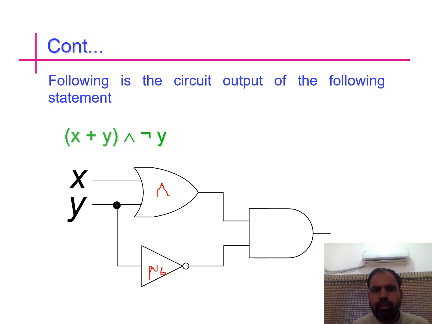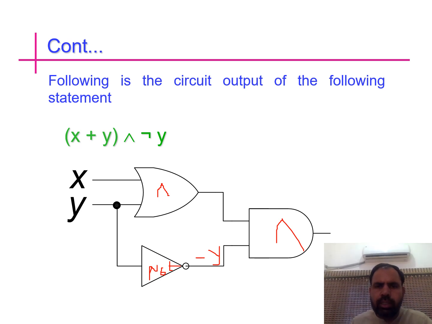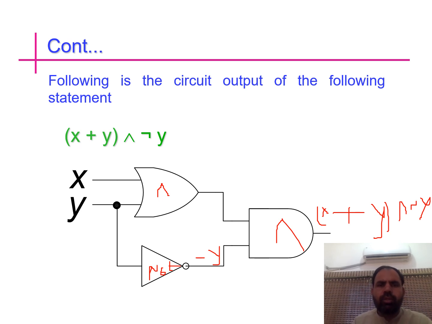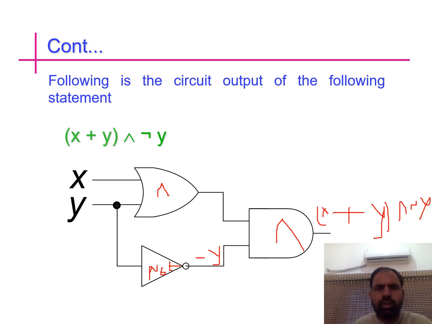So after this NOT gate, the Y becomes negation Y, and when X plus Y and negation Y both pass through this AND gate, it becomes (X plus Y) and negation Y. We can put X plus Y into a bracket. So this is the circuit statement.